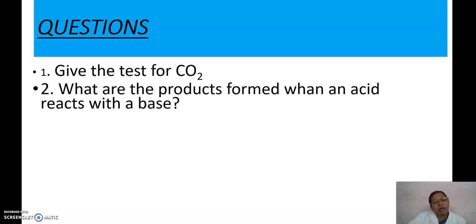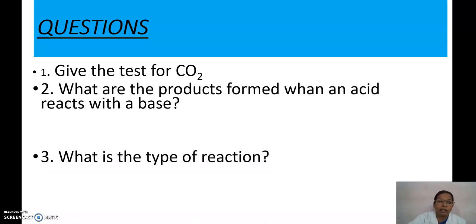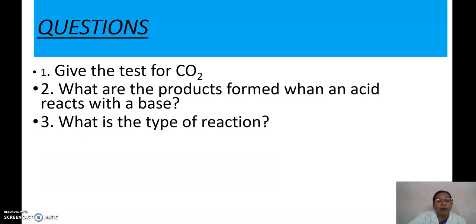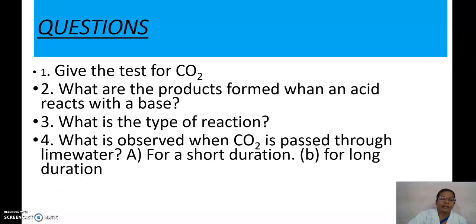Then next question, what are the products formed when an acid reacts with a base? Yes, it is salt and water. Then what is the name of the reaction in which salt and water are formed? Yes, it is neutralization reaction.